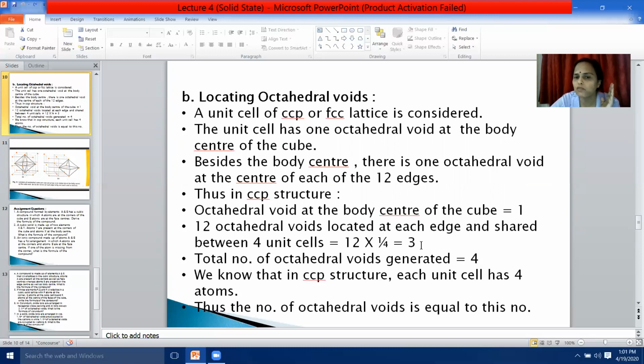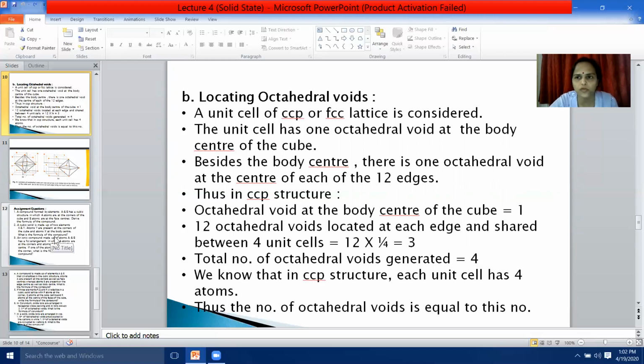So the total number of octahedral voids is equal to 3 plus 1, that is equal to 4. Thus we know that in CCP structure, each unit cell has 4 atoms and the same number of octahedral voids will be generated there. So the number of octahedral voids generated is equal to 4. Thus we can locate both the tetrahedral as well as the octahedral voids there.